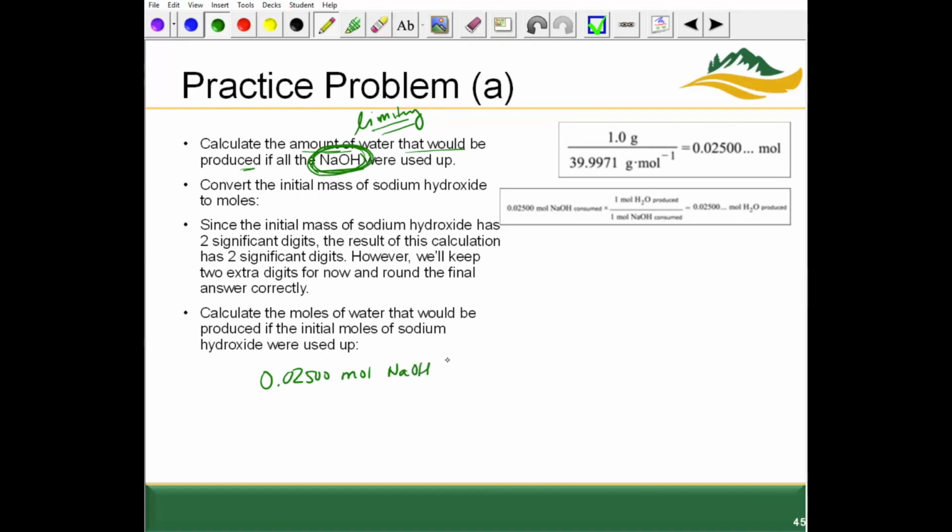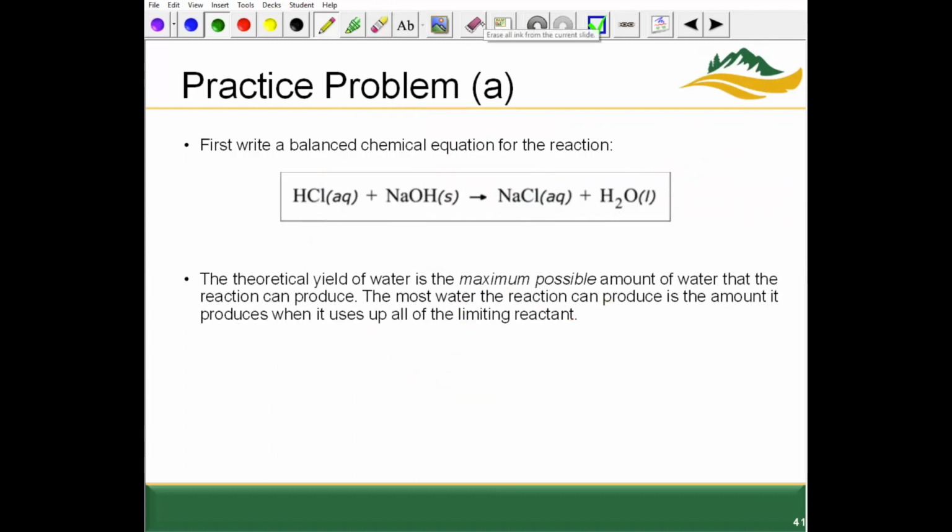We know we started with this amount of NaOH. Now we need a mole-to-mole ratio to connect NaOH to water. Going back to our balanced reaction, for every 1 mole of NaOH, our limiting reactant, we have 1 mole of water.